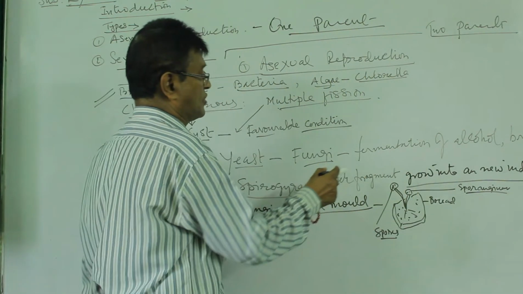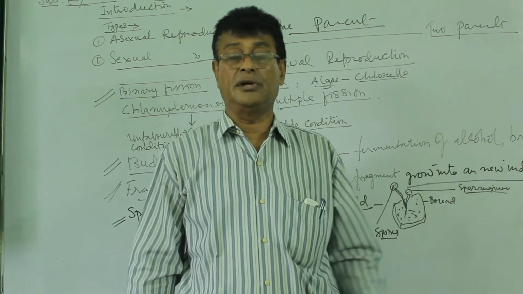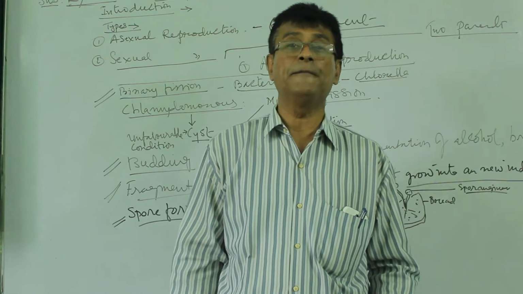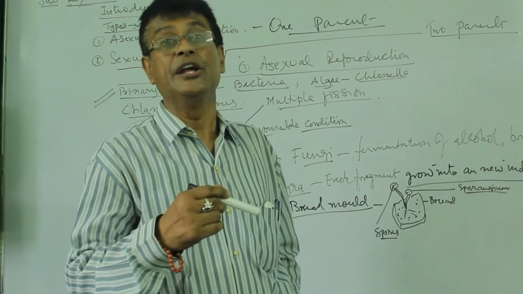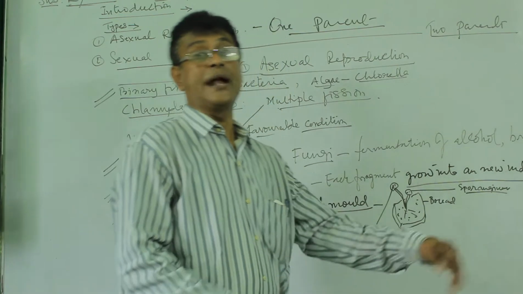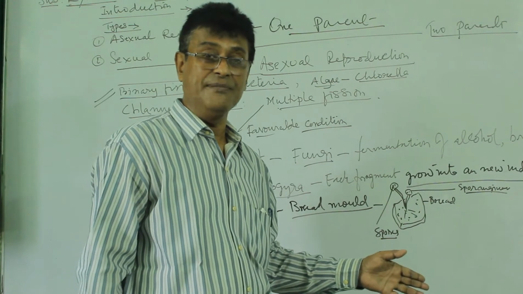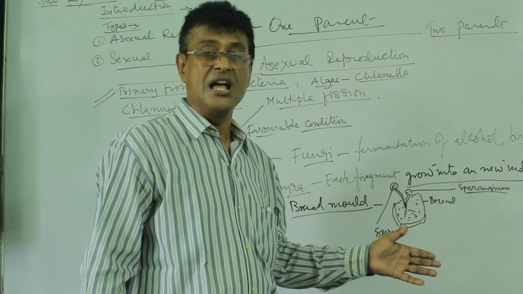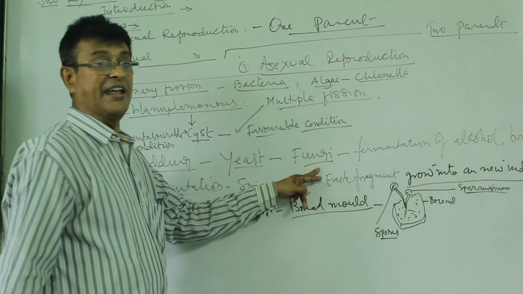Yeast also undergoes fermentation to produce alcohol. So yeast reproduces by budding. Small buds come out which actually grow into the new plant. So yeast has binary fission and budding, and they are fungi.